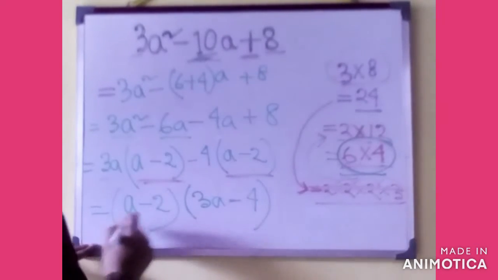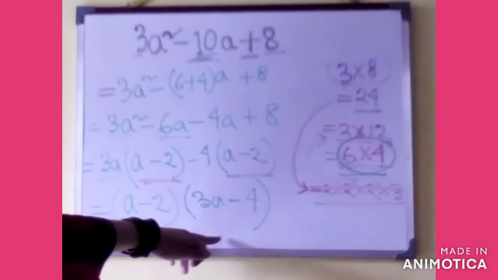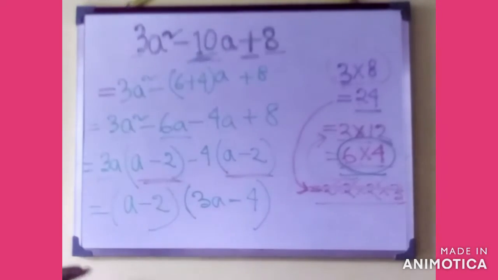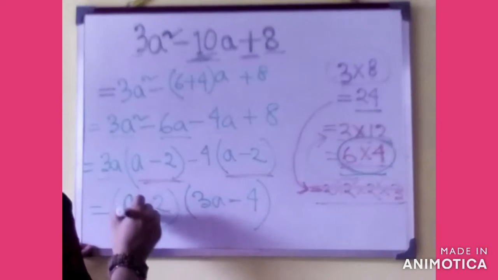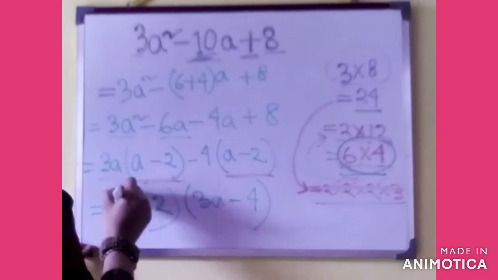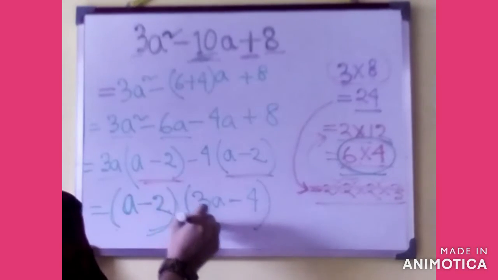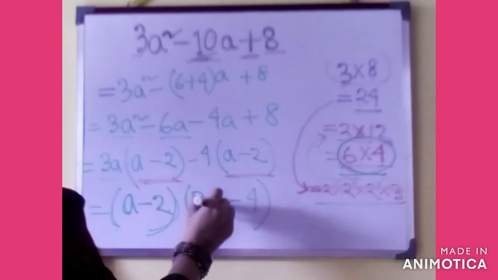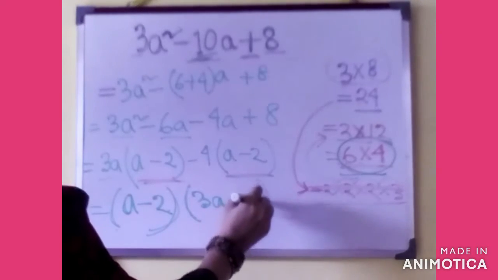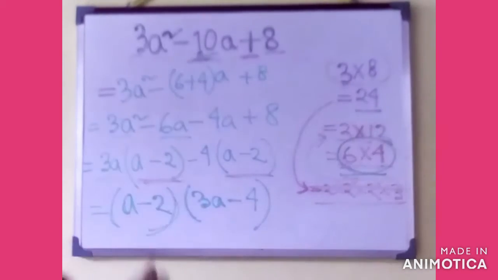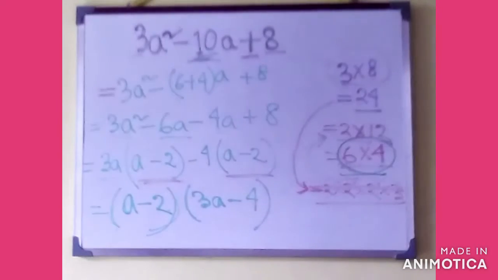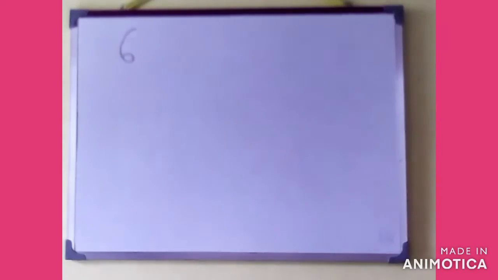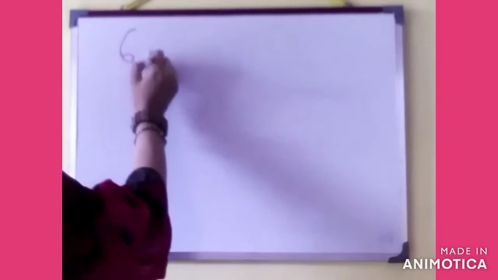So our answer is a minus 2 into 3a minus 4. So factorization done. And we did it by the middle term factor method, because on the basis of the middle term coefficient, we did all the things. Now another example we will work with.